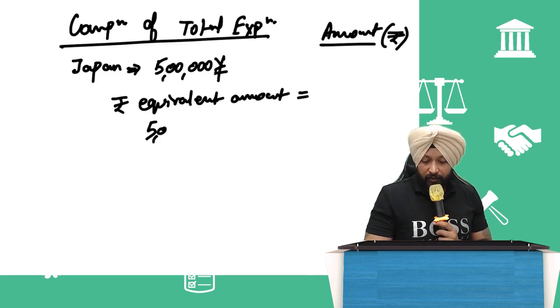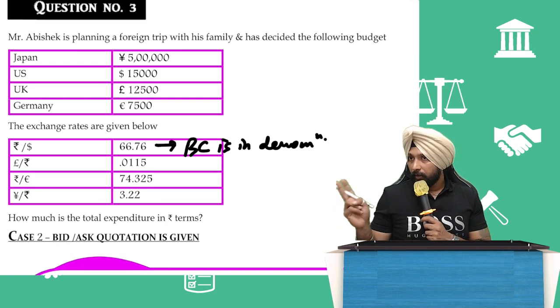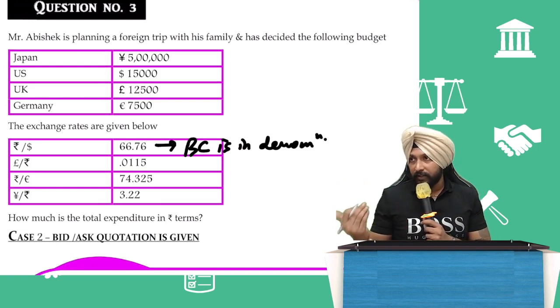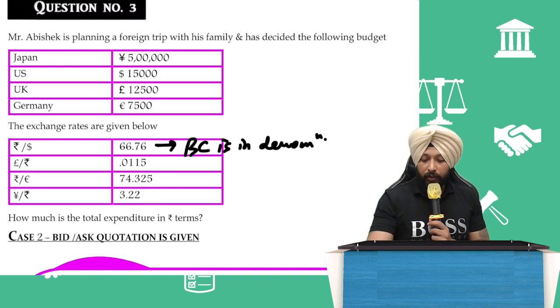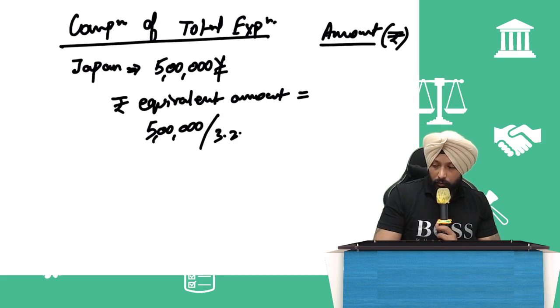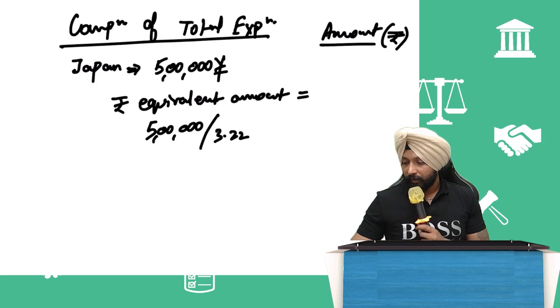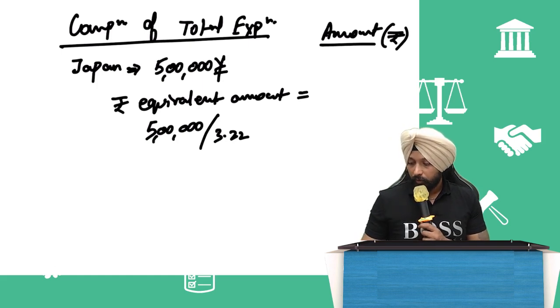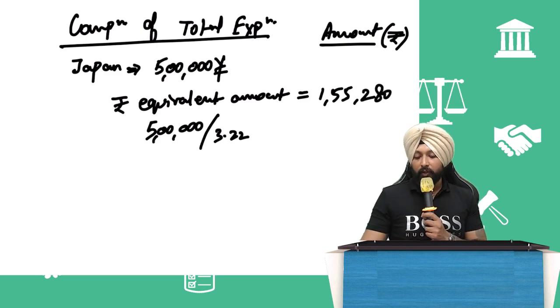Now you go back to the quotation and you see the last quotation, yen per rupee. So yen is given to you. From price currency, you're going to the base currency. You need to divide. So 5 lakhs divided by 3.22. Correct, no? That gives you 155,280. Okay, 155,280.